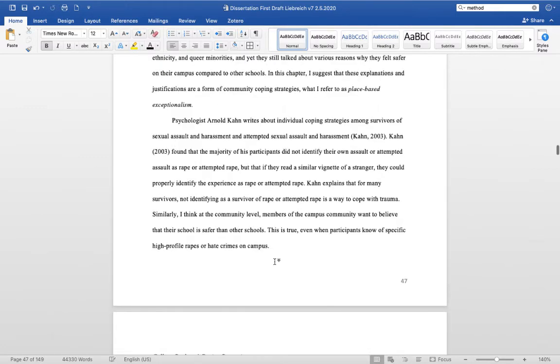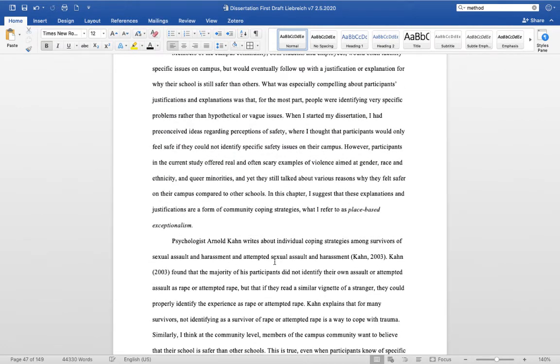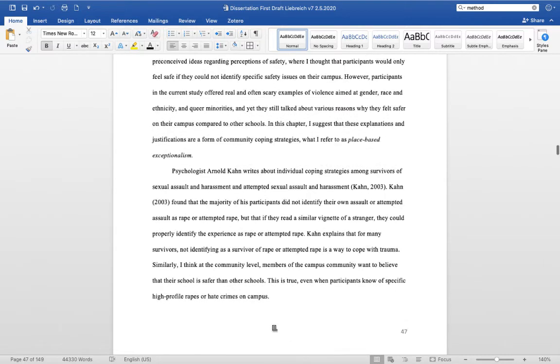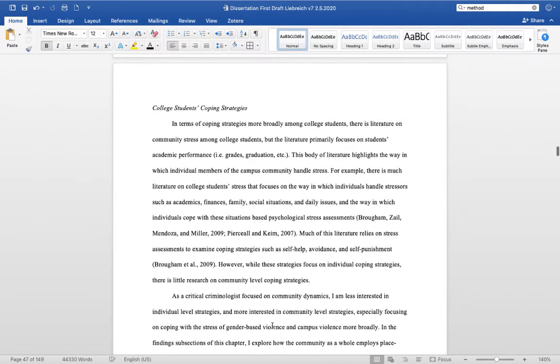So it's 2 paragraphs. Since this class isn't writing intensive, you could potentially get away with an even shorter intro that's only 1 paragraph, depending on your writing style and how concisely you can say what you need to say in each paragraph. But again, you don't want it to be longer than that.